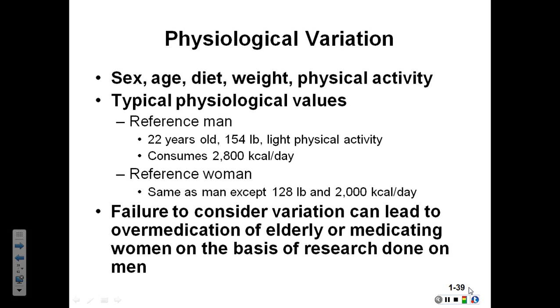A male, 22 years old, needs about 2,800 calories per day. A female, 128 pounds, requires about 2,000. All right? Based on her size and metabolic activity. Okay? Make sense?